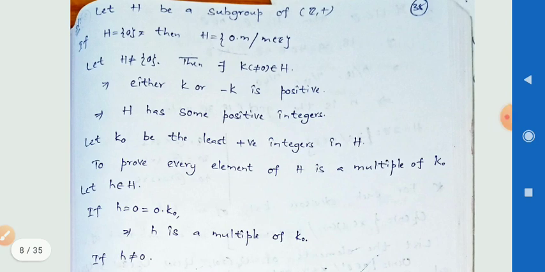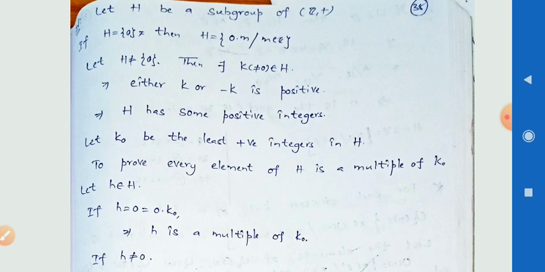Here I have taken: let H be any subgroup of Z comma plus. If H is equal to the 0 set, that is, the set contains only the 0 element, then H is equal to 0 into n for n belongs to Z, so the set must be equal to 0.